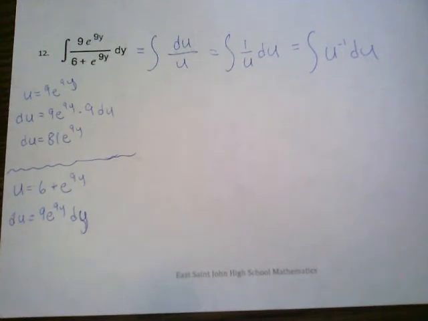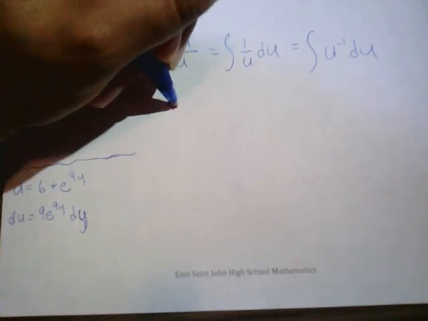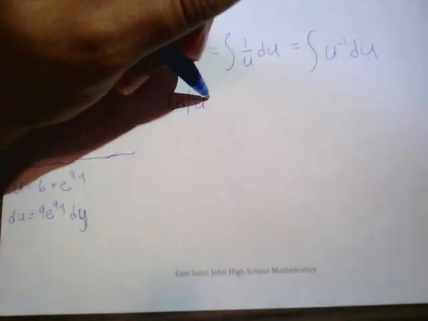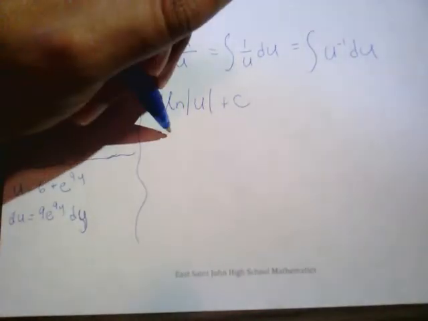And then from here, you take the antiderivative, and we're going to have ln absolute value of u plus c, where u equals 6 plus e to the 9y. So this would be ln of 6 plus e to the 9y plus c.